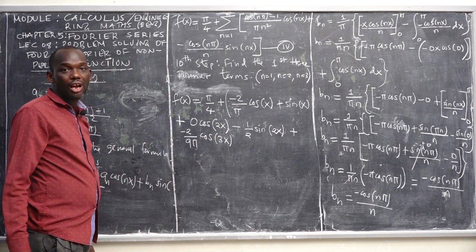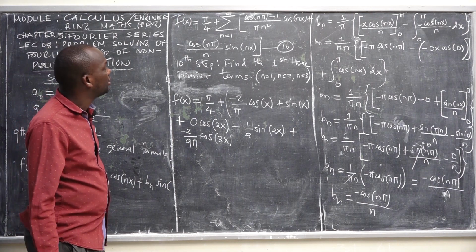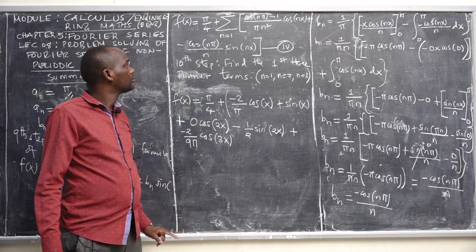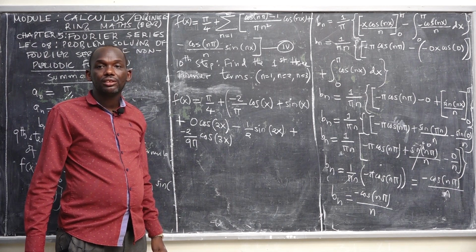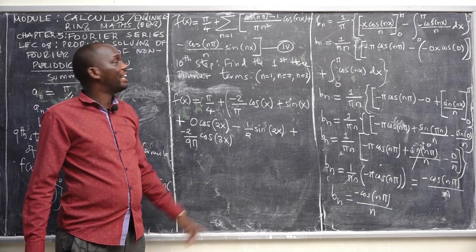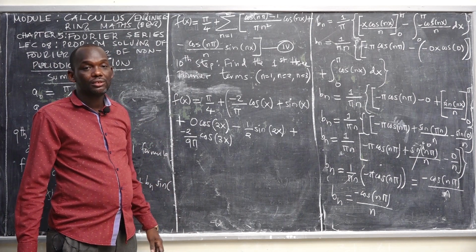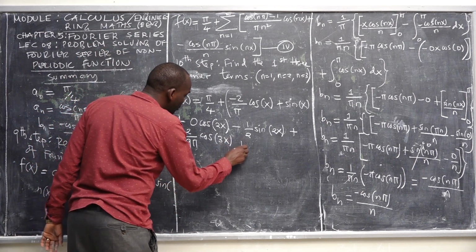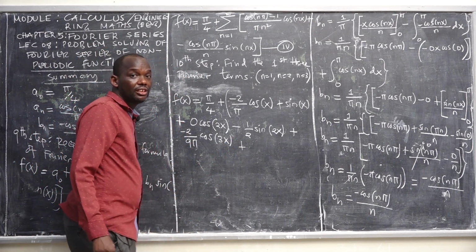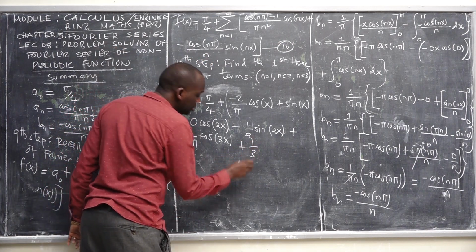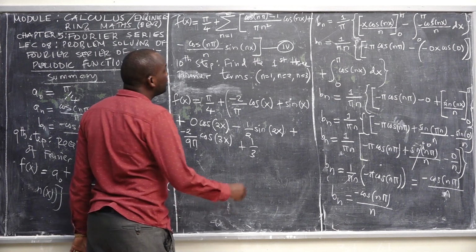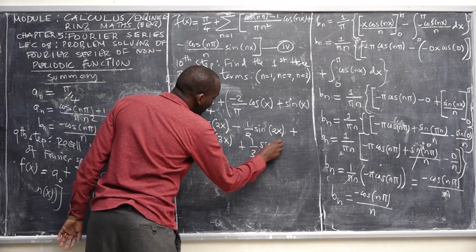Are we together? Then next, when n is equal to 3, cosine of 3 pi is negative 1, there is negative, so positive 1. So here we'll have plus, right? So positive 1 over 3. Okay? Then sine of 3x when n is equal to 3.